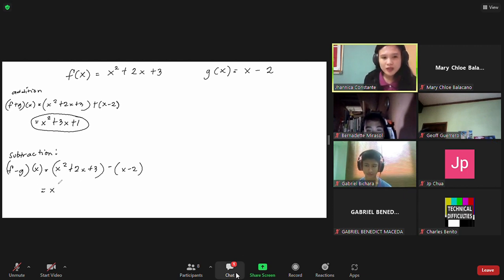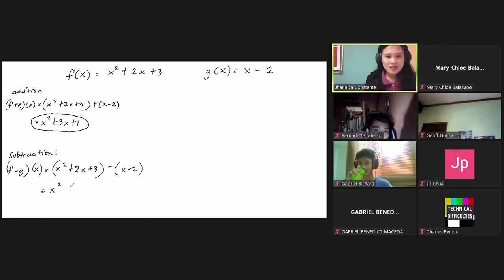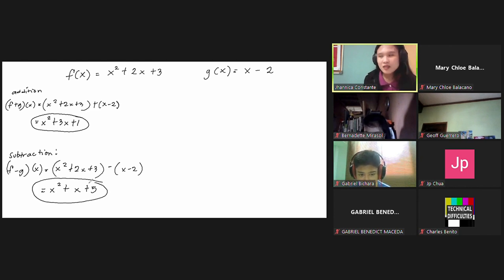So we have x squared. 2x minus x is equal to x. 3 minus negative 2 is equal to positive 5. So that is the difference between the two functions. So let's proceed with multiplying.